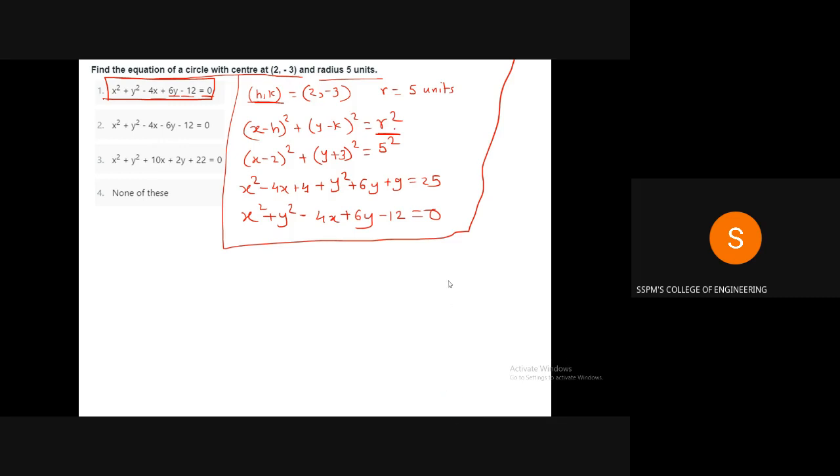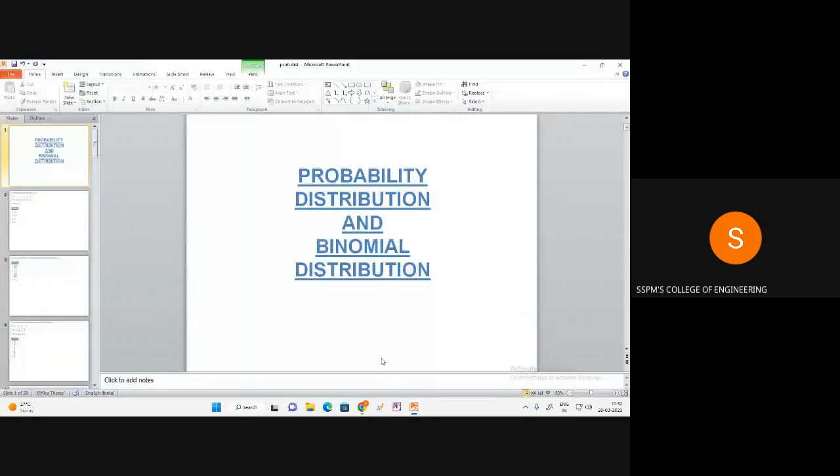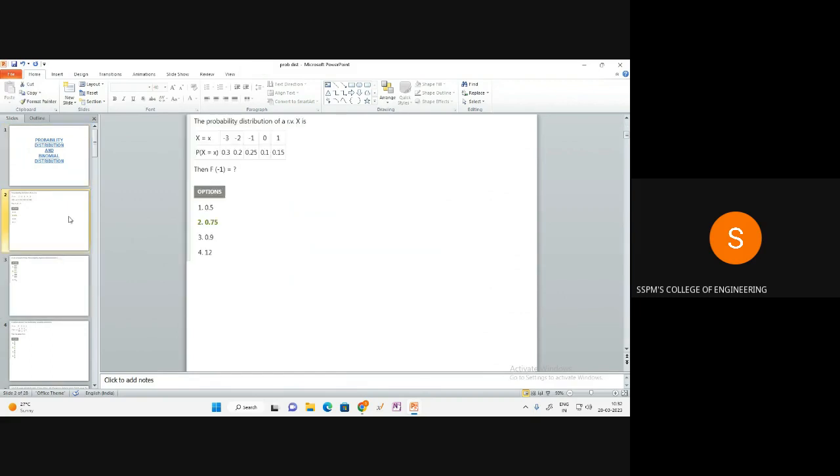We will solve some questions on probability distribution and binomial distribution from the topic of maths 1. We have already studied the basics of these topics, now we will solve some questions.